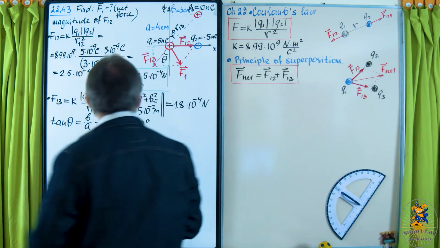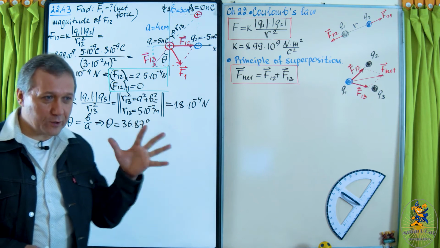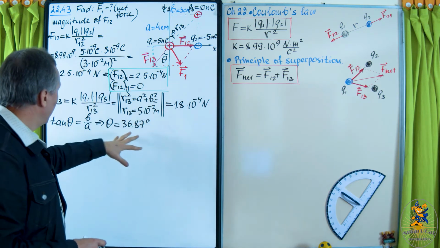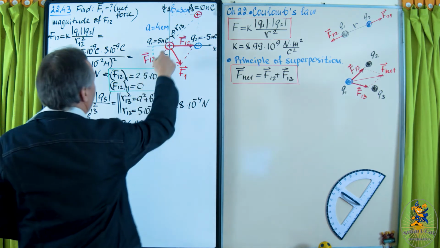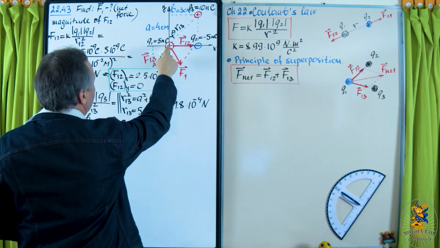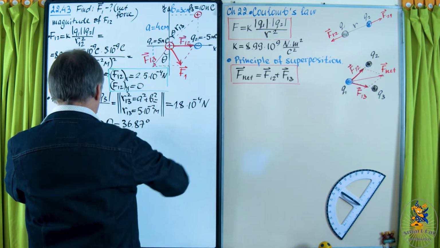Okay, so now components. Again, don't be afraid to ask if you are getting lost or something is not clear. So now we should be able to find components again, because now we know this side, we know this angle. So x component, it's this side. Maybe I need to use blue.